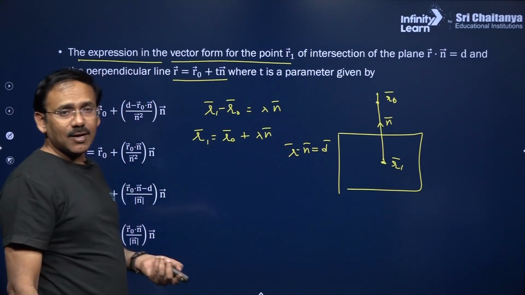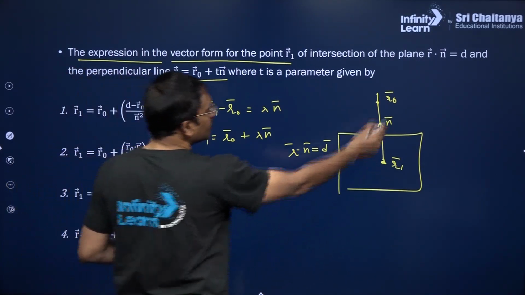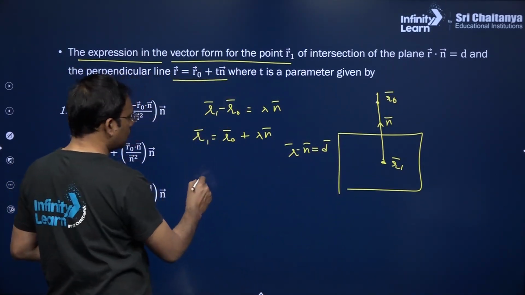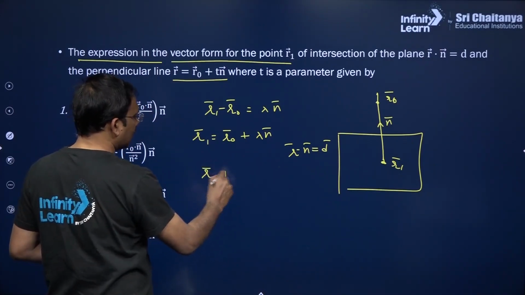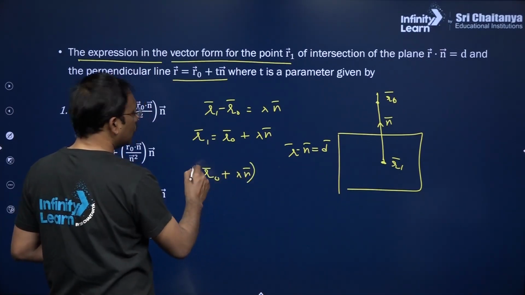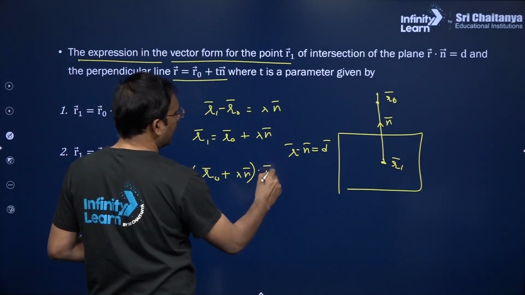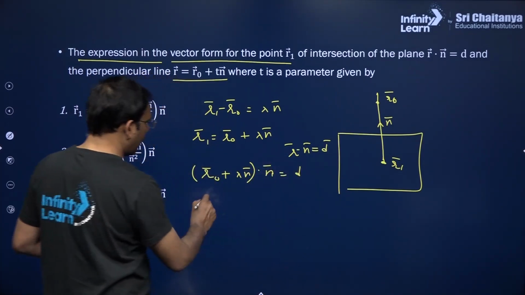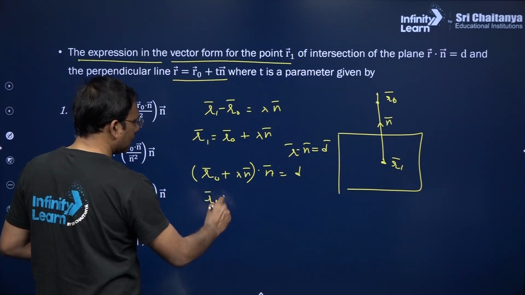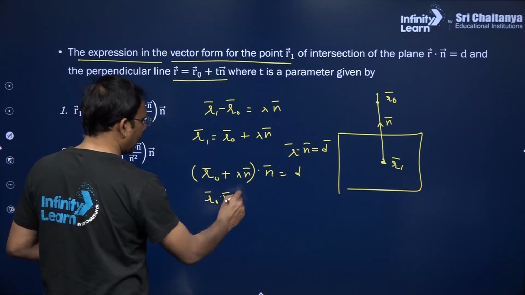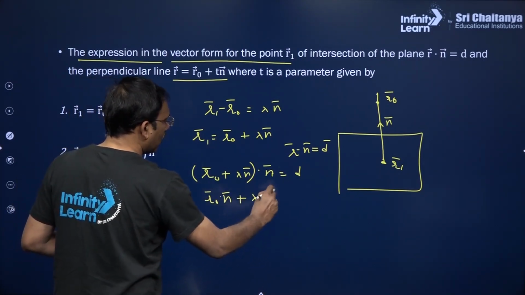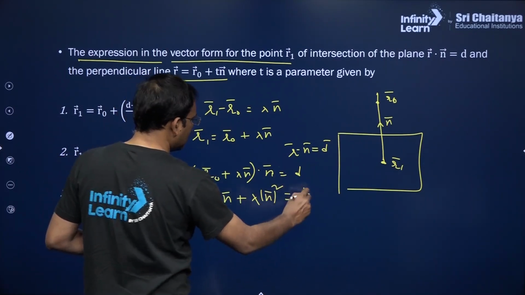If you could find lambda, it is done, but r1 bar is there in this plane. So, substitute r0 plus lambda n bar into dot n bar is equal to d. Apply, friends. R0 dot n bar plus lambda into magnitude of n bar square is equal to d.